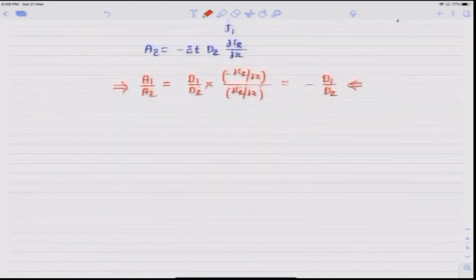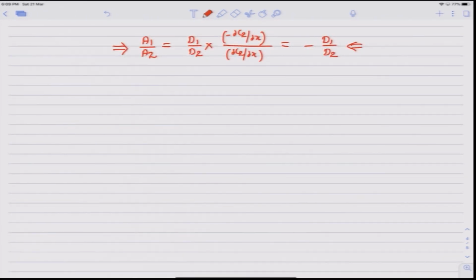So how do we go about graphically measuring this? So let's consider the concentration profile again.